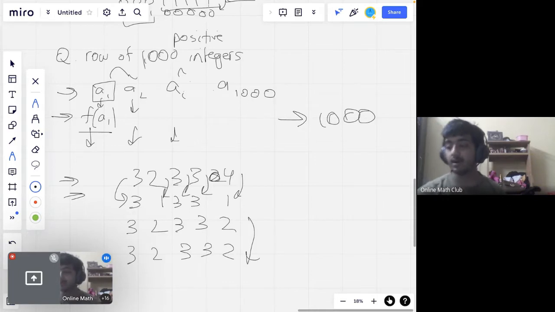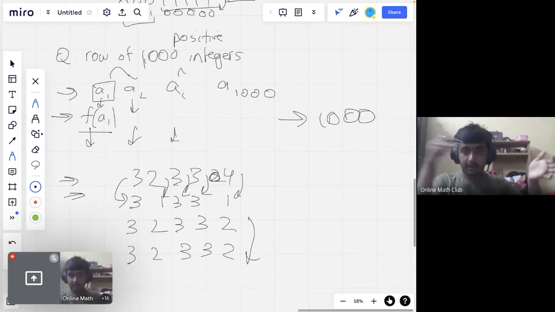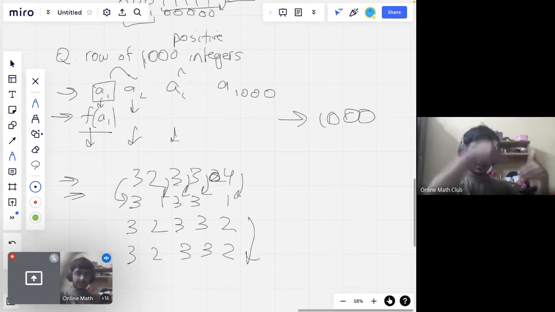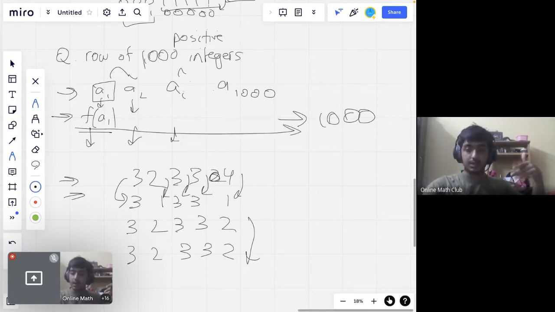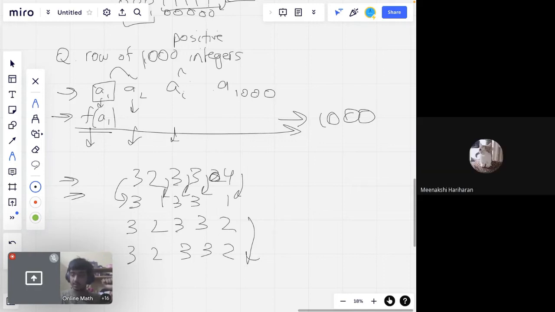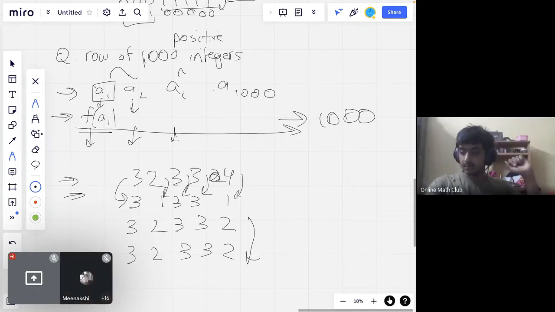After the first row, from the second row on, the sum always remains 1000 because you are counting the number of each number. Like, if the number appears 5 times, then you're replacing with 5, right? So the sum is 1000. Can everybody see this? Yeah. Right.